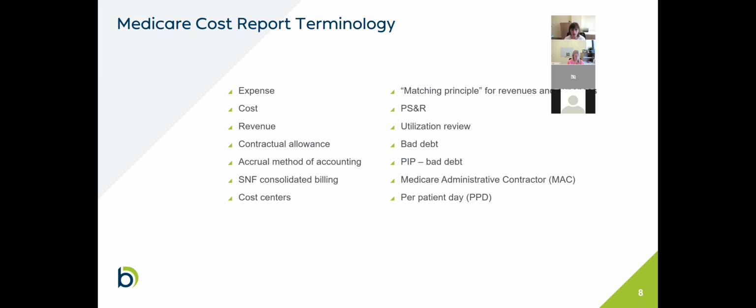Then we should really mention utilization review. You probably already heard me saying that it is one of the reimbursable items on the Medicare cost report, and utilization review is your medical director or physician assistant or PA, nurse practitioner that work with your medical director.